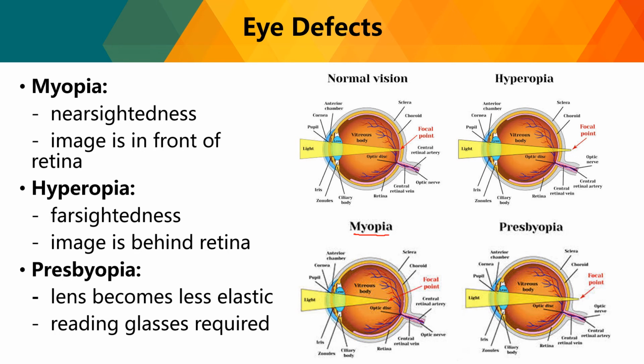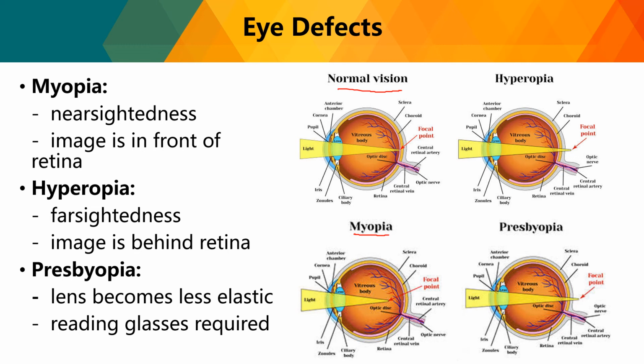For nearsightedness. So masyadong malapit yung pagko-converge ng light. Okay? So kung ito ang normal vision, okay, the focal point is actually reaching your retina. Okay, dito naman it's in front of your retina. Kaya siya nearsightedness.